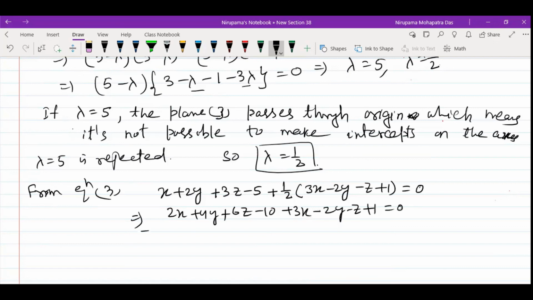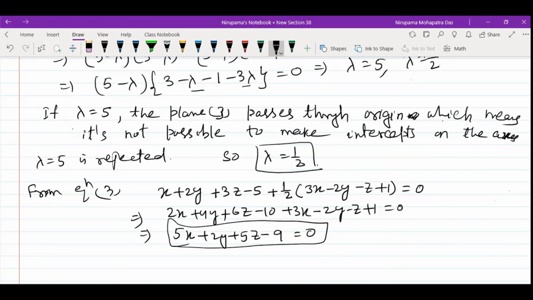Or you can say we are getting here 5x plus 2y plus 5z minus 10 plus 1, minus 9, equal to 0. This is the required equation, or you can say equation of the required plane.